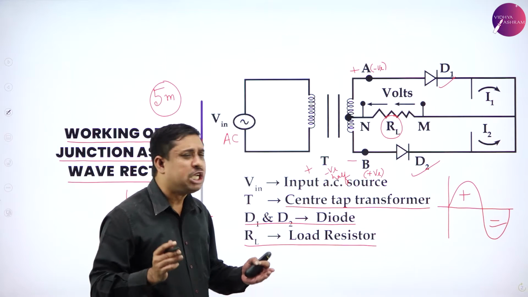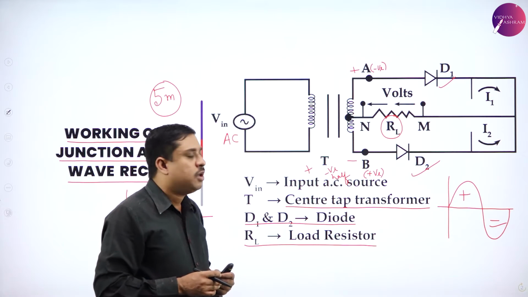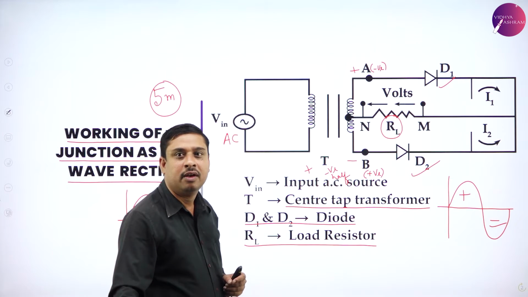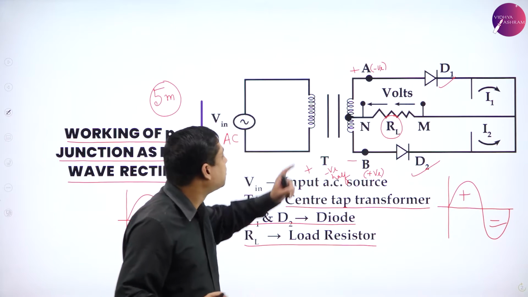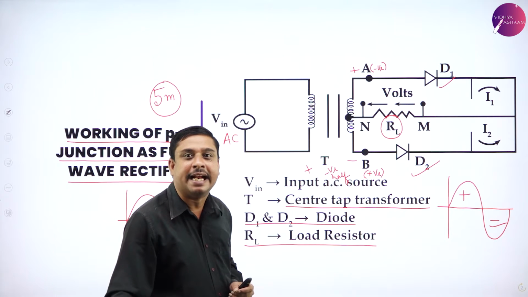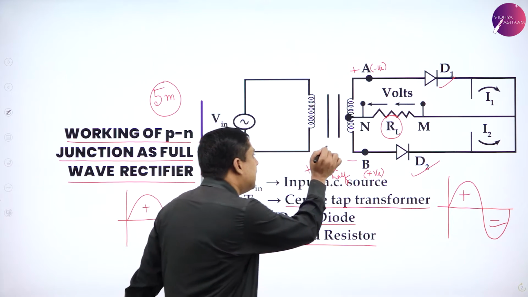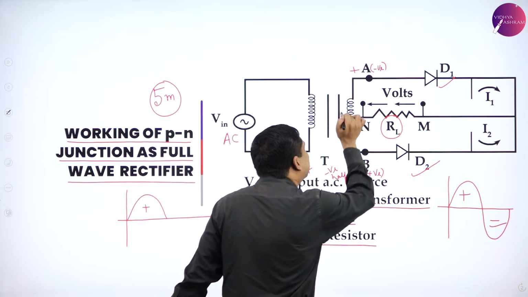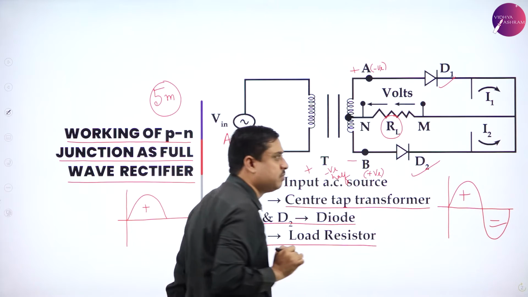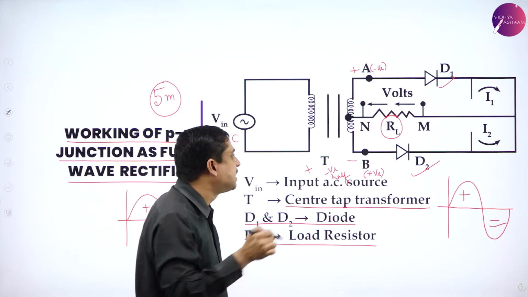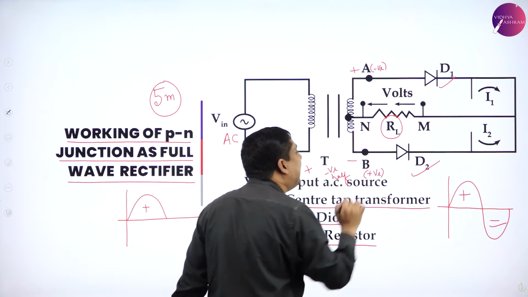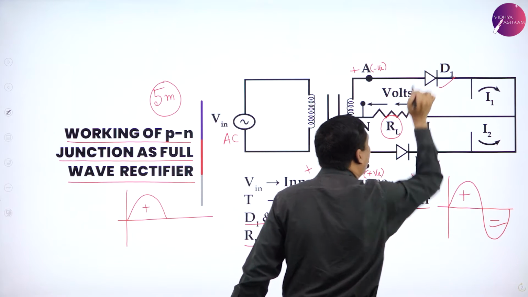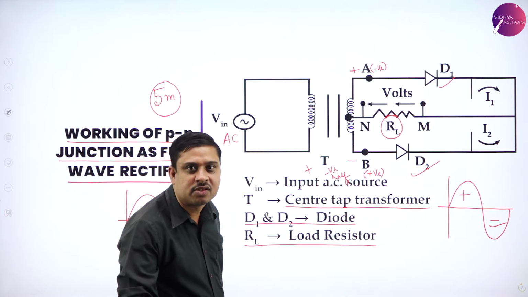To understand this: during the negative half cycle, when it reaches the transformer, the point B becomes negative with respect to the point A. This means the diode D2 is forward biased and the diode D1 is reverse biased.